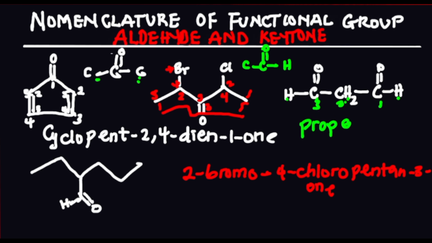Then propan, because I'm having single bonds all through. Propan. Then you come back here, we are having on position 1, 3, right? Then this is going to be dial. 1,3-dial. And the reason it is dial is because we are having 2 carbonyl compounds, one on position 1 and the other on position 3. So the name is going to be propane-1,3-dial.